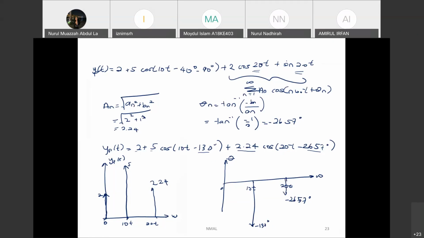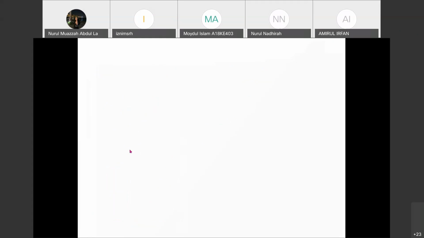Okay, so this one is for A. So you answered already. Representation of Fourier series in trigonometric form, and also plotting. So this is your answer actually. This one is trigonometric because it has cos part, cosine part. Okay, the next one we represent in terms of complex coefficient.